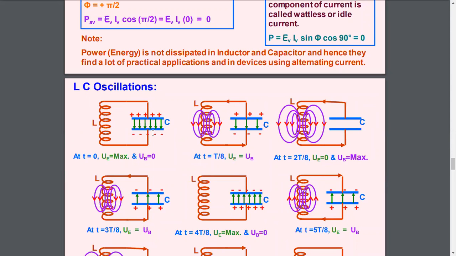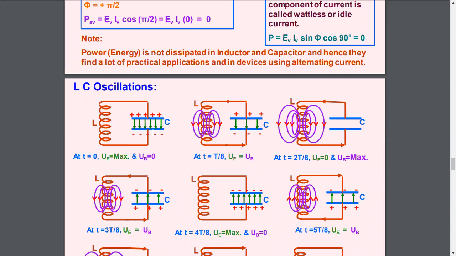What will happen? You will see that the fully charged capacitor will discharge across the inductor. That is, the capacitor stores electrical energy or electric charge, and when it is connected across the inductor, this charge will flow to the inductor.